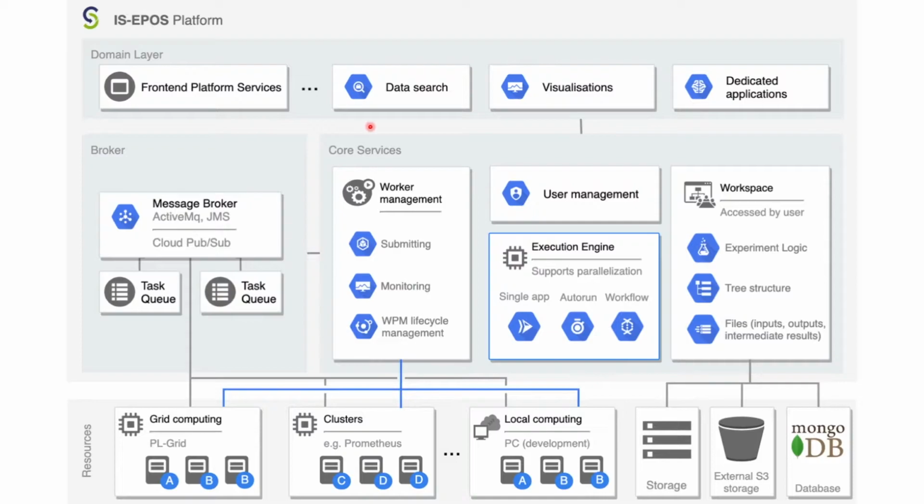On top of that, there is a domain layer, so integration with data services, visualizations, and dedicated applications that are used for the geophysics domain. The system is highly modular, so it's easy to build a platform for another domain by implementing just the domain layer.